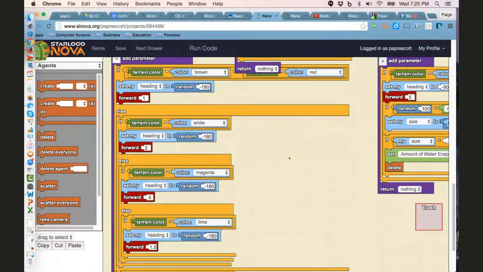Now, one word of caution is that currently not all colors are created equally, which limits what colors the turtles will react to.